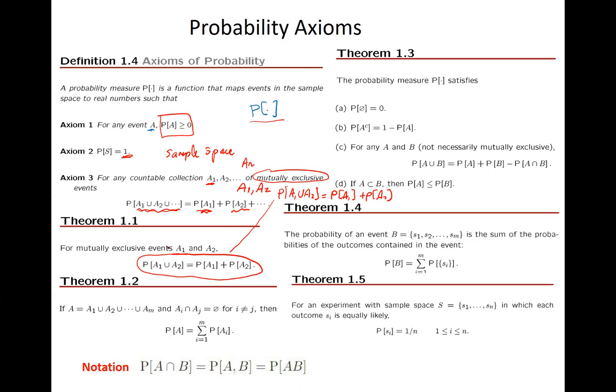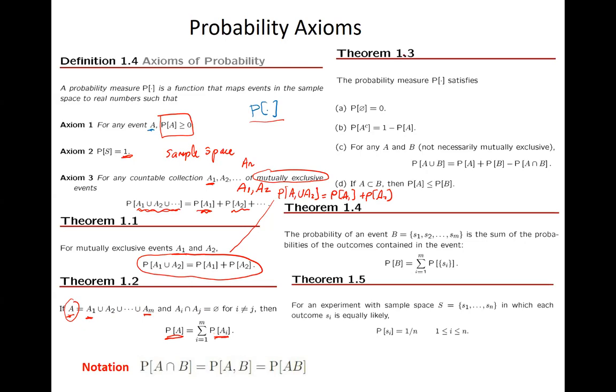Okay? If we have M events from A1 to AM, the union of M events gives you A, and if any two of these events are disjoint, okay, then probability of A will be summation of these probabilities simply. Okay?